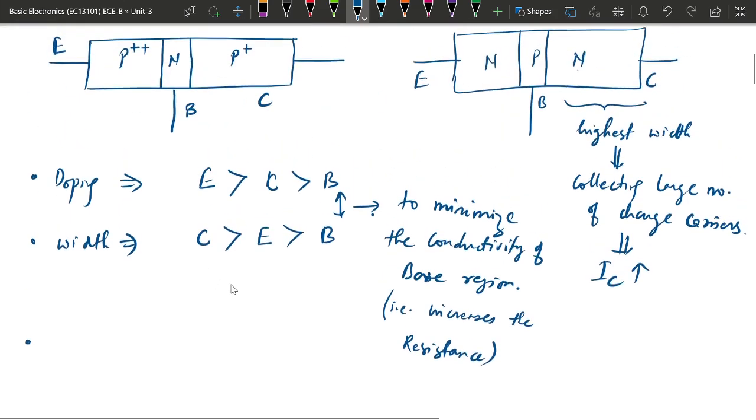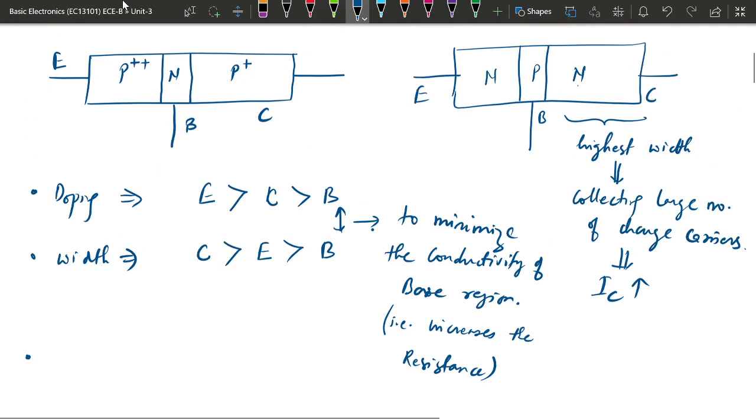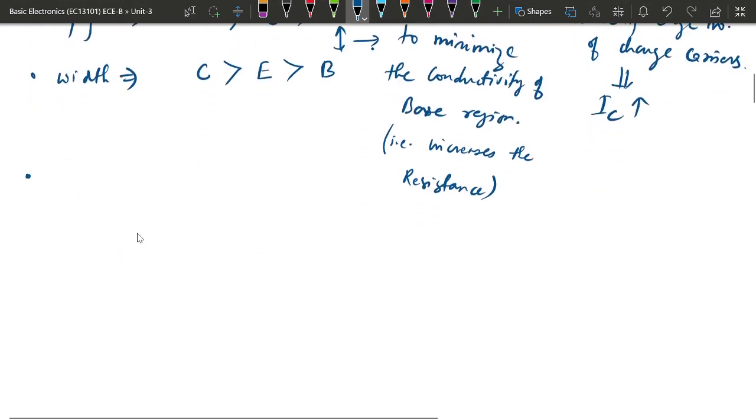So next we will see the symbol, for the PNP transistor and the NPN transistor. If it is a PNP transistor, the symbol of the BJT is basically given by this. If it is PNP, the arrow will be here.